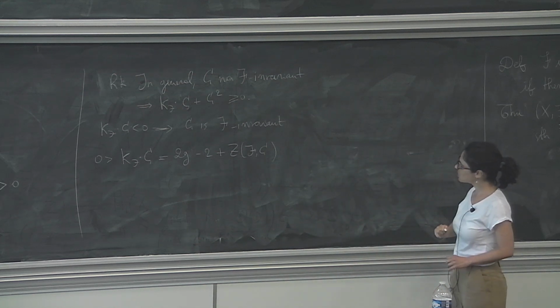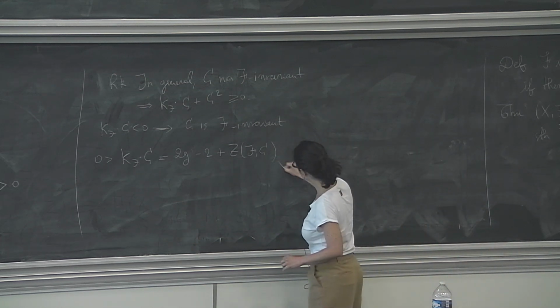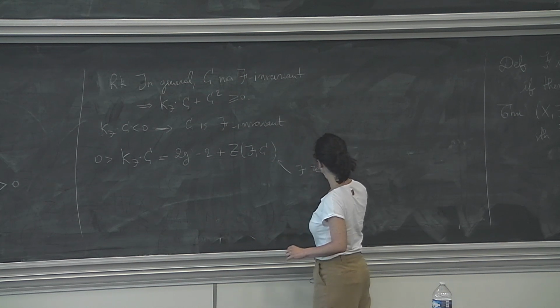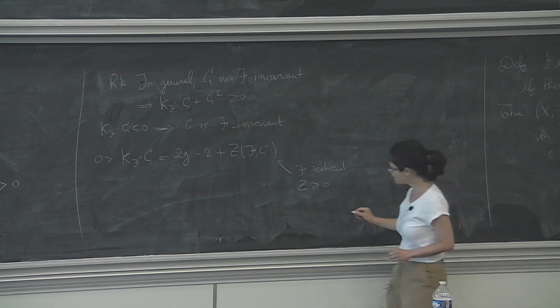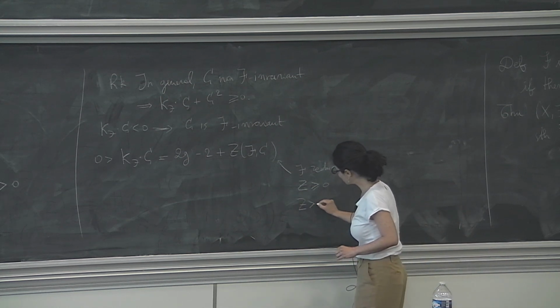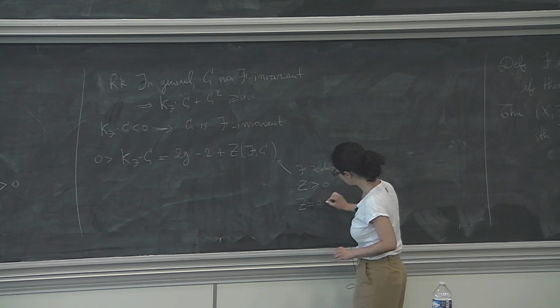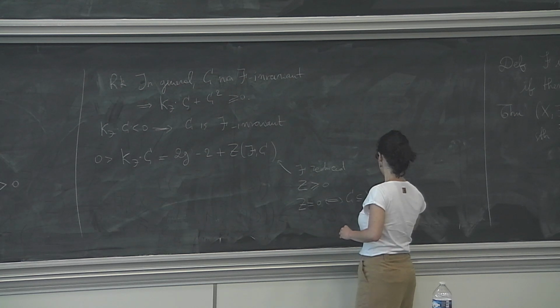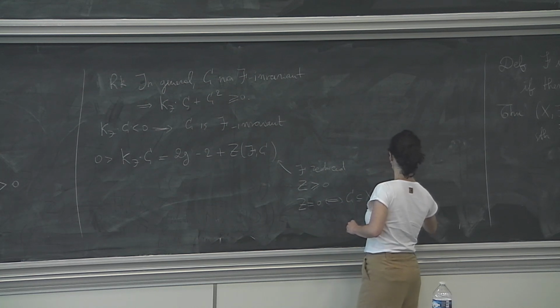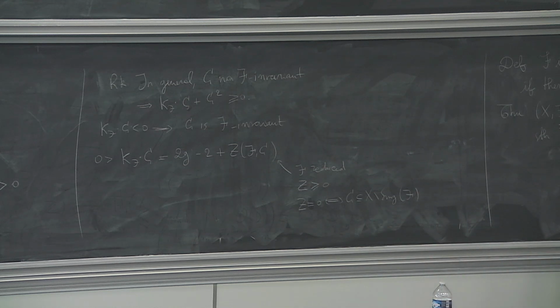And now just remember that since F is reduced, this Z is non-negative, and Z is 0 if and only if C is contained in the smooth locus of F. So what are the possibilities for G and F in order for the intersection product to be negative?